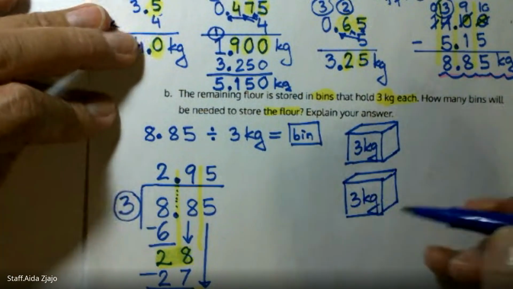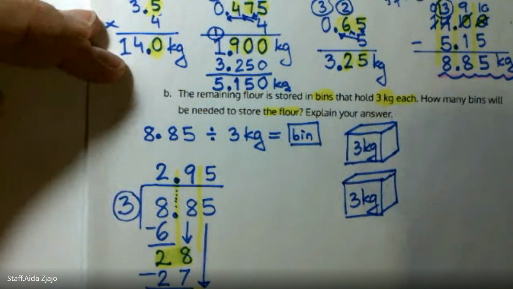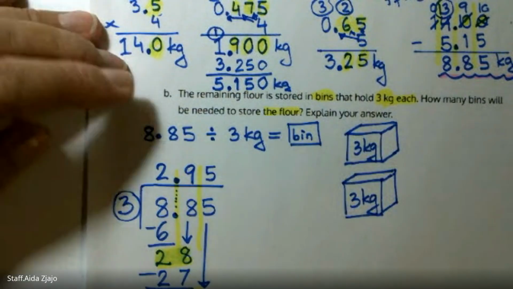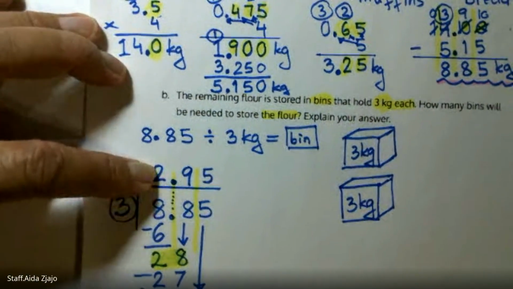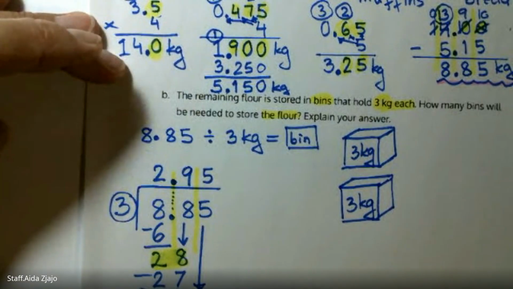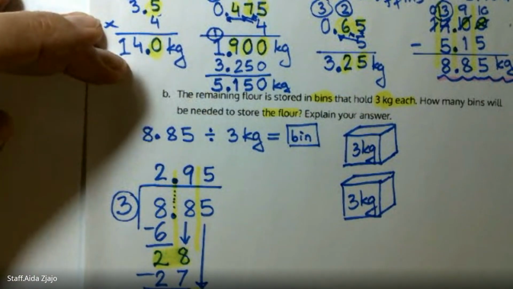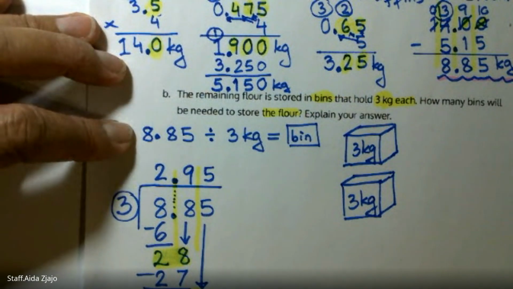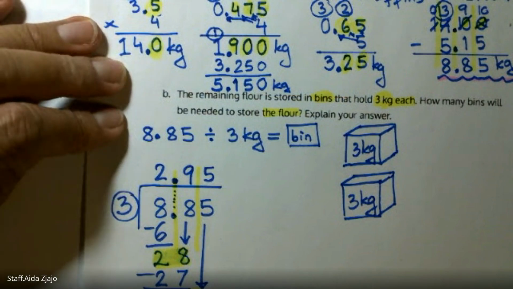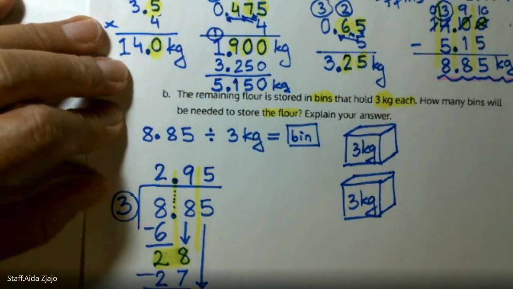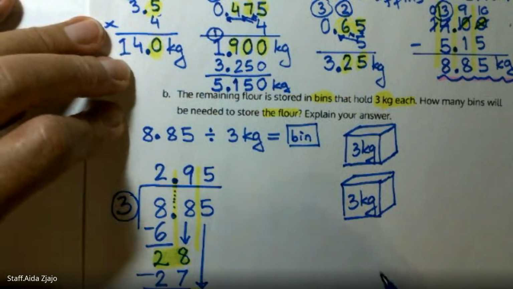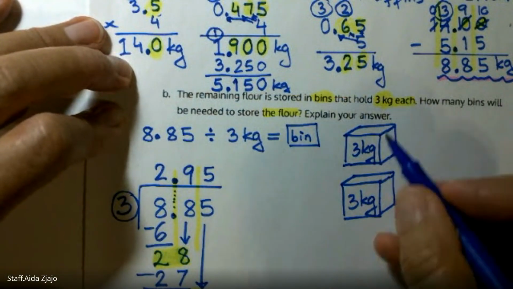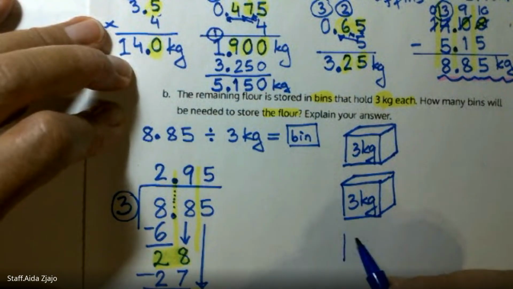Okay, so that's 2 bins. And then he will need a third bin, but the third bin will not be full. It will have a little bit in it.